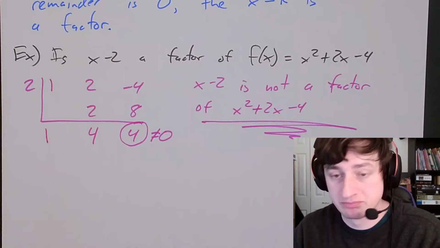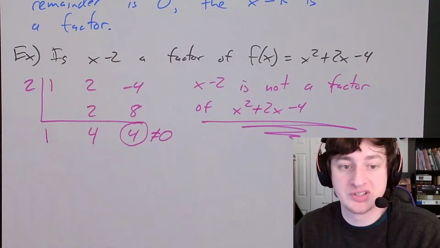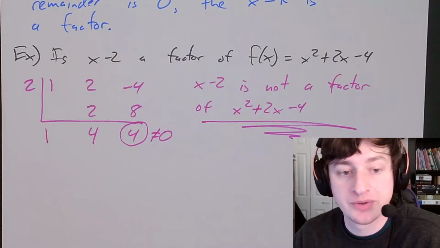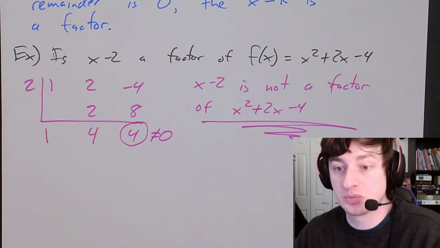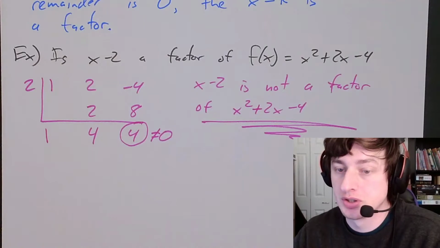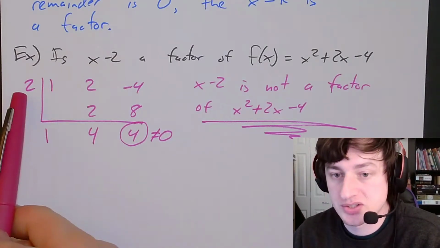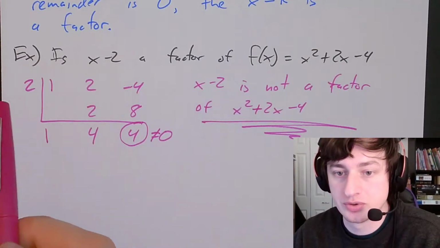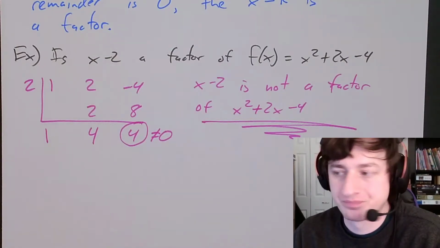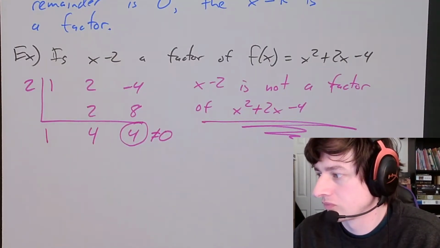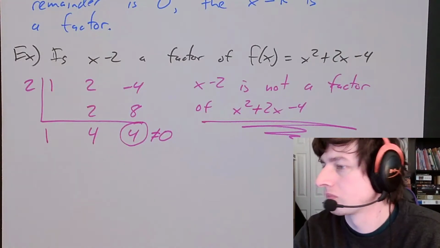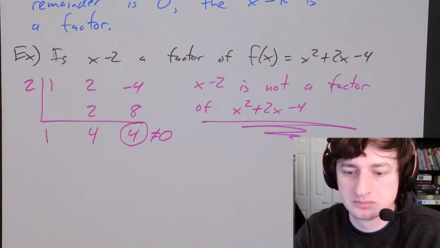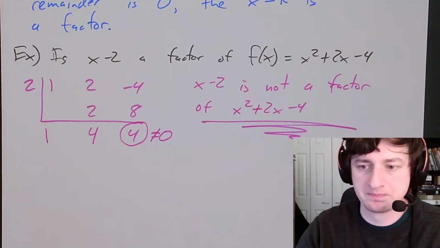So we're just checking, when we do our synthetic division, do we get a 0 at the end? And if we get a 0, that means that we can factor the function using this x minus 2, using the 2. Okay.